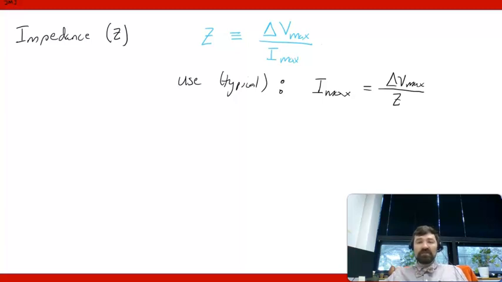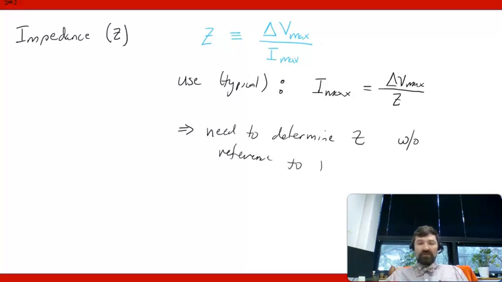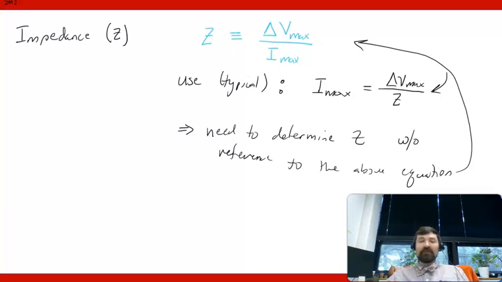And so that implies that we need to determine Z, the impedance, without reference to this equation. In other words, this above equation is ultimately being used to determine the maximum current.